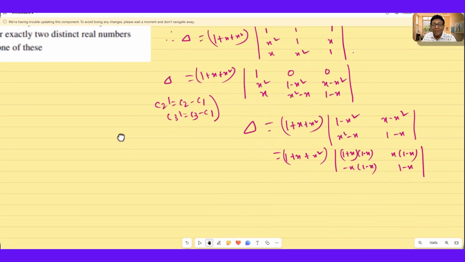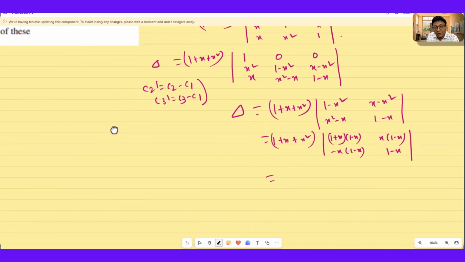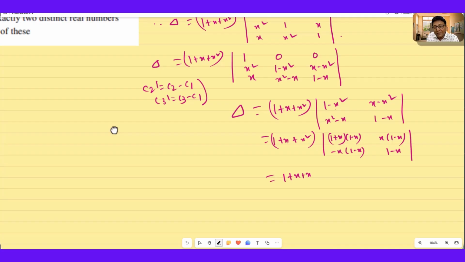You take 1 minus x common from 2 columns: 1 plus x square, 1 minus x from the first column, 1 minus x from the second column. Then what is remaining over there? x, 1 plus x, 1.